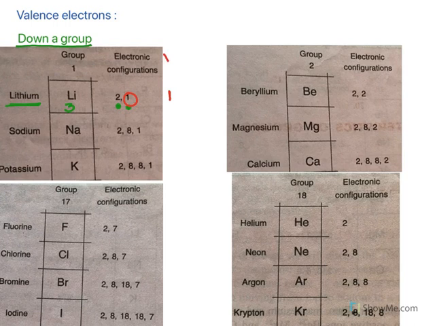These are valence electrons. Sodium, atomic number 11, electronic configuration 2, 8, 1, valence electron 1, electron in the outermost orbit, so I put 1.